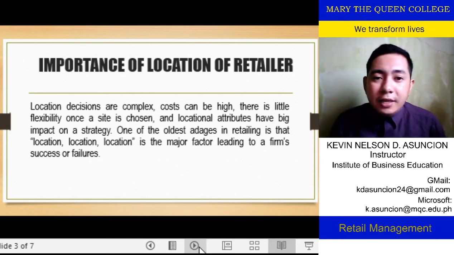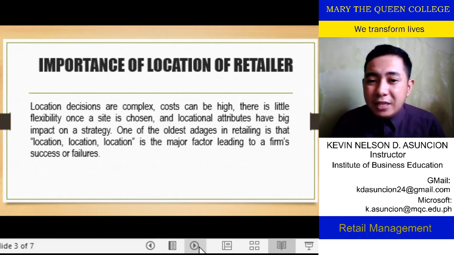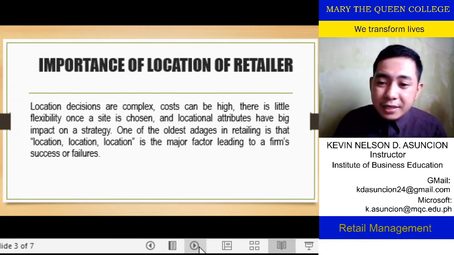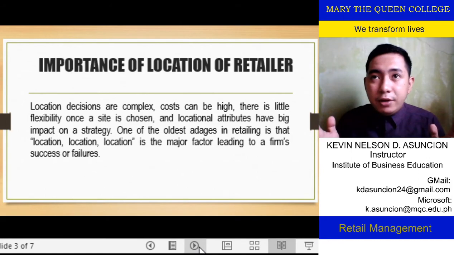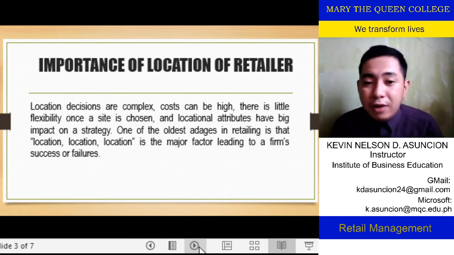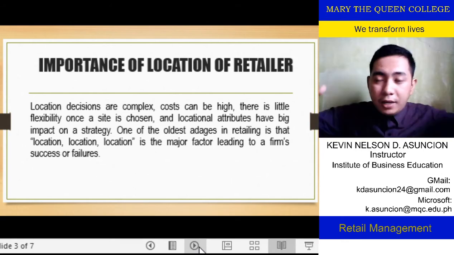So it is a complex decision because it involves costs, and there will be little flexibility once a site is chosen. When you choose a site for a physical store, this is one of the disadvantages of a physical store. You have lesser flexibility, especially if you're putting up an edifice or a building.